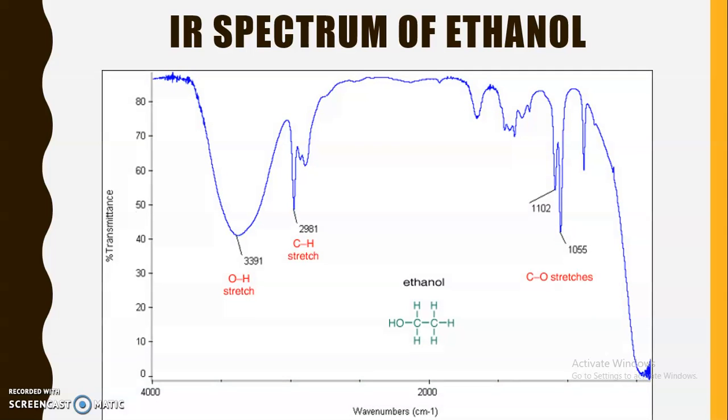So here you can see, first, an infrared spectrum is obtained for any compound by plotting a graph of the percentage transmittance on the y-axis and the wave numbers on the x-axis. In the previous video we discussed in detail why we use wave numbers. The middle infrared region ranges from 4000 centimeter inverse to 400 centimeter inverse.